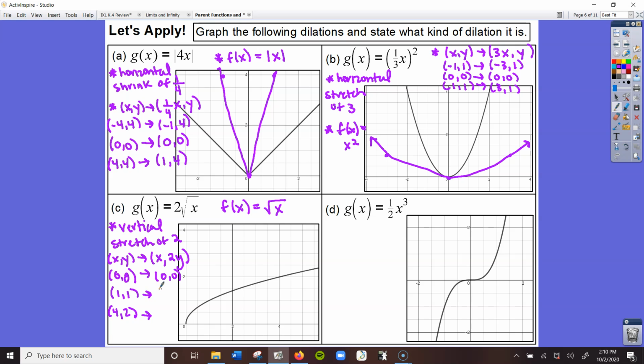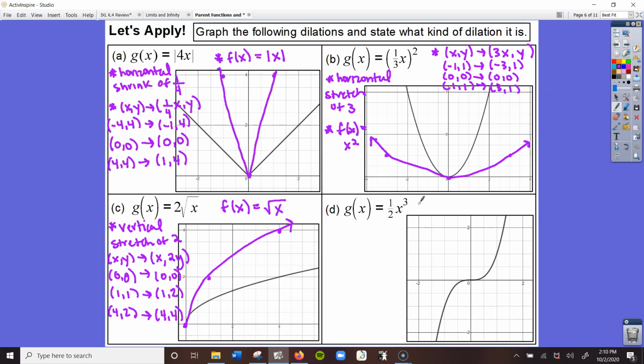When I plug in 1, 1, my point would be 1, 2. And when I plug in 4, 2, my point would be 4, 4. So now we plot. We have 0, 0, 1, 2, and 4, 4. And when I connect the dots, you can see that it is as if I stretched it vertically. It got taller.